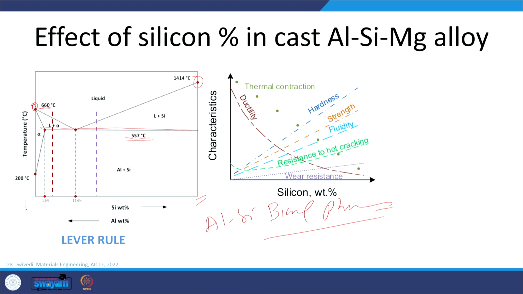Here is 100% aluminum and on the other side 100% silicon, and the eutectic is formed at about 12.6% silicon. So now, say there is aluminum 20% silicon.